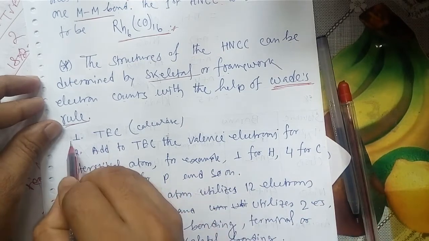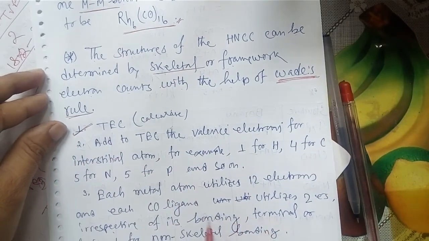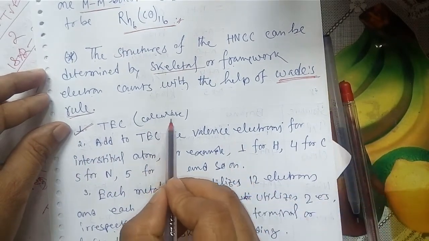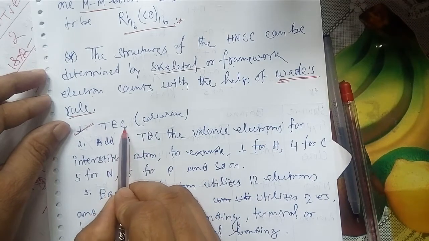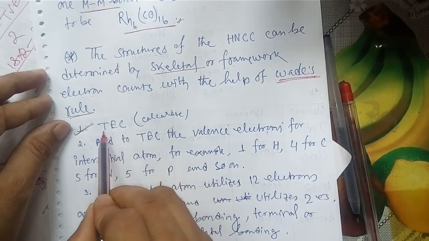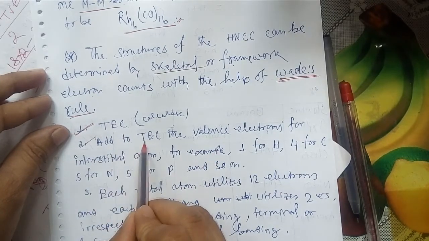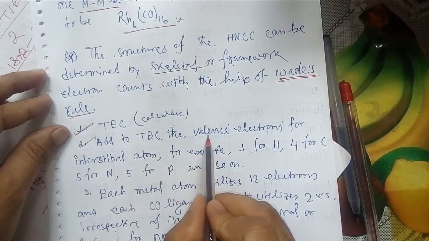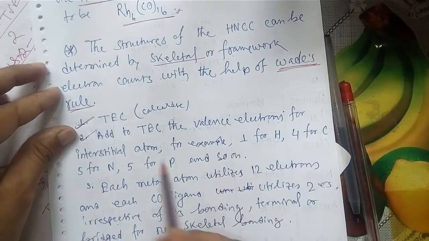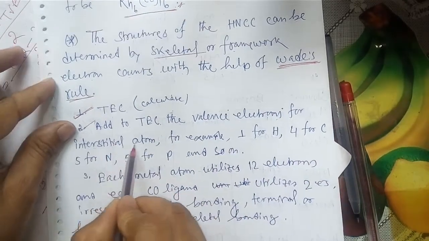So step number 1: calculate the total electron count. Second, add to the total electron count the valence electrons for interstitial atoms.